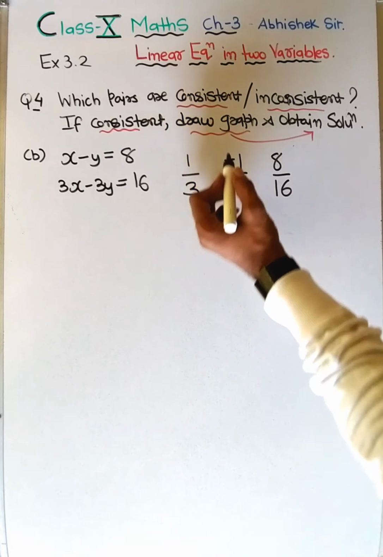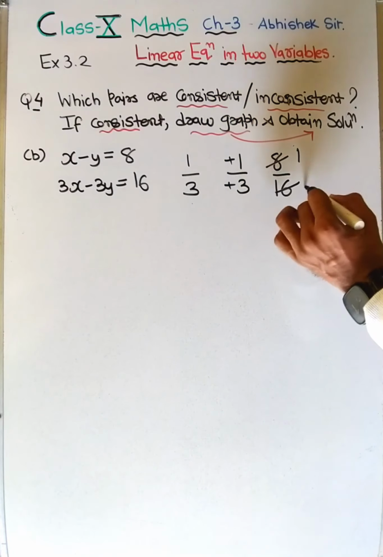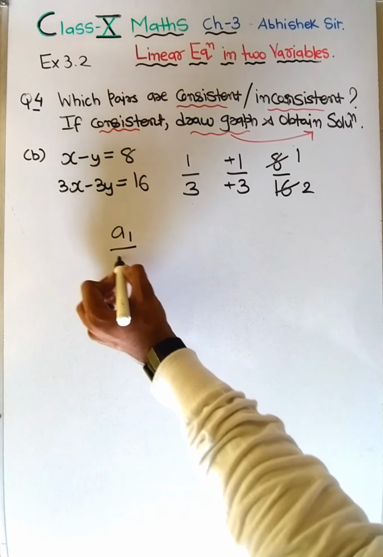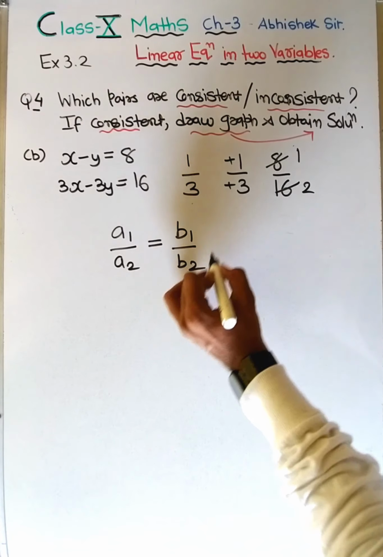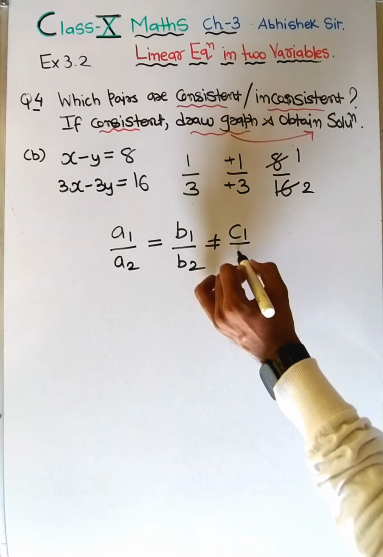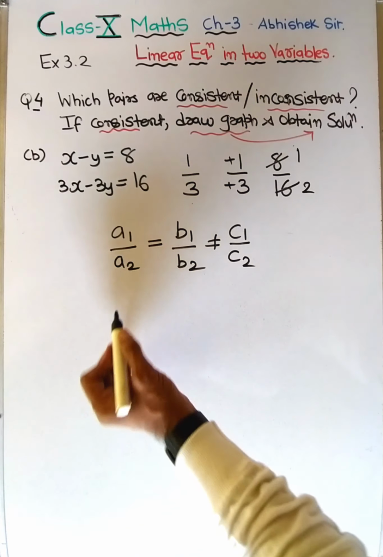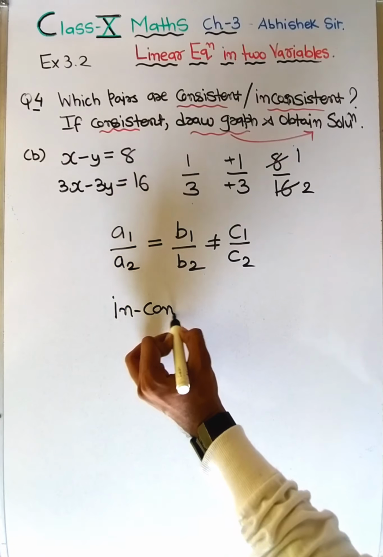A1 by A2 is 1 by 3, B1 by B2 is 1 by 3. Here if you cancel, it becomes 1 by 2. So the condition satisfied over here is A1 by A2 is equal to B1 by B2, but is not equal to C1 by C2. That is how we can say that these linear equations are inconsistent.